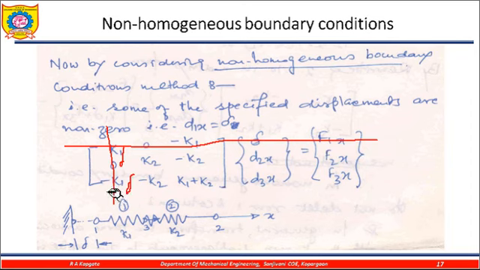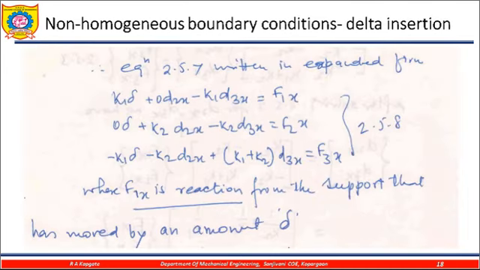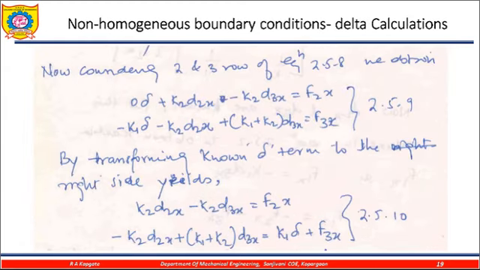Sorry, one thing: just remove this term only, multiply this by delta and this by delta, and find the solution. So here you can see this is multiplied by delta, this is multiplied by delta. And finally you get these values, that is the k1 into delta.